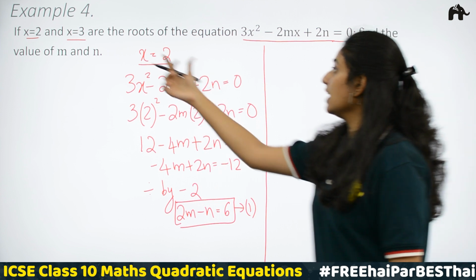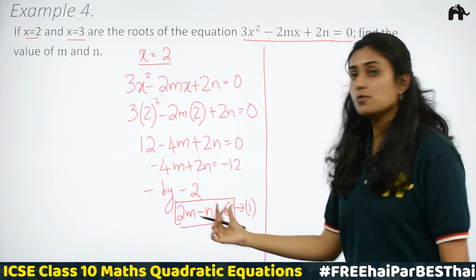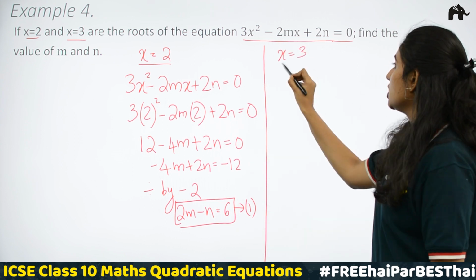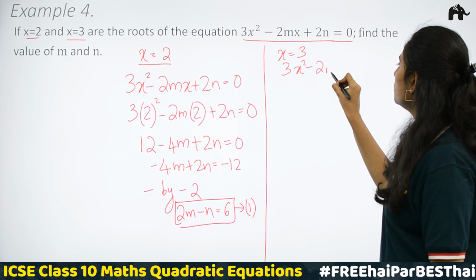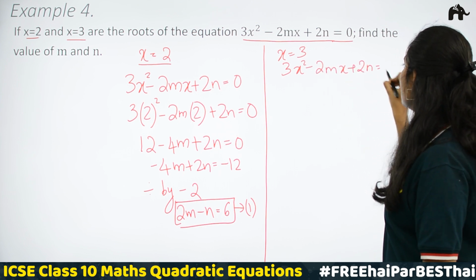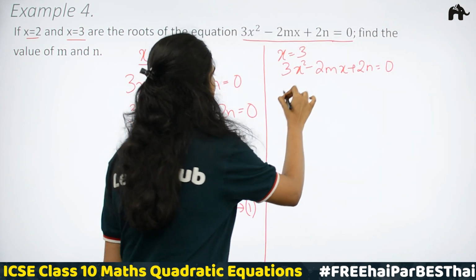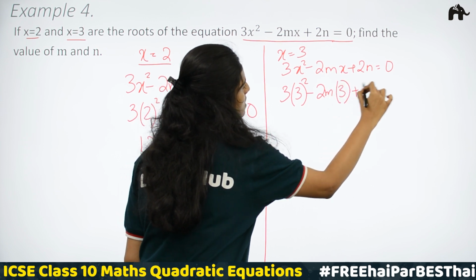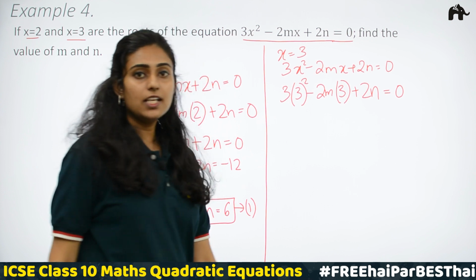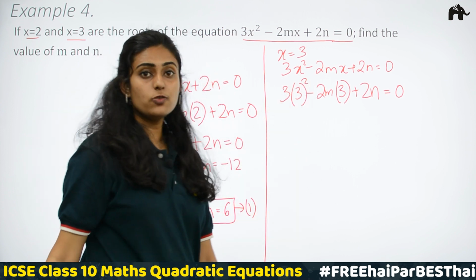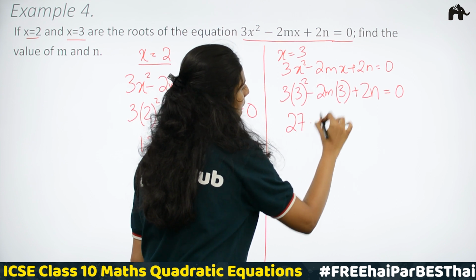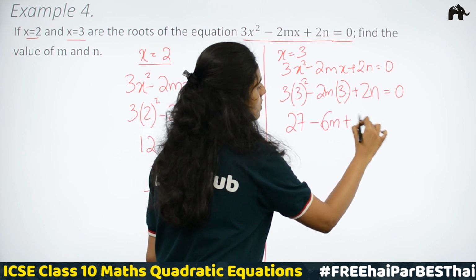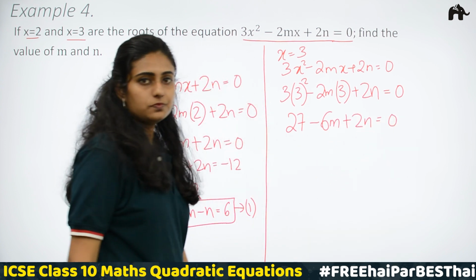Similarly, when you substitute x equals 3, you will get another equation in terms of m and n. Let's do x equals 3. When x equals 3, the equation 3x squared minus 2mx plus 2n equals 0 becomes 3 into 3 squared minus 2m into 3 plus 2n equals 0. 3 squared is 9, 9 into 3 is 27. 27 minus 2 into 3 is 6, minus 6m plus 2n equals 0.